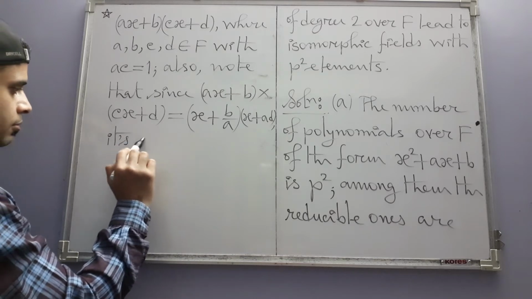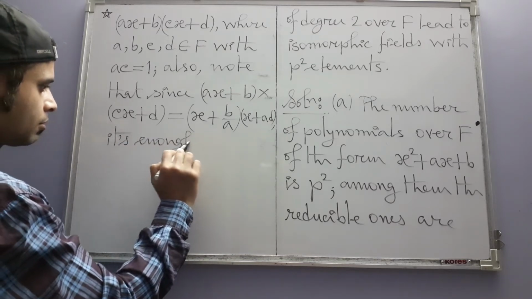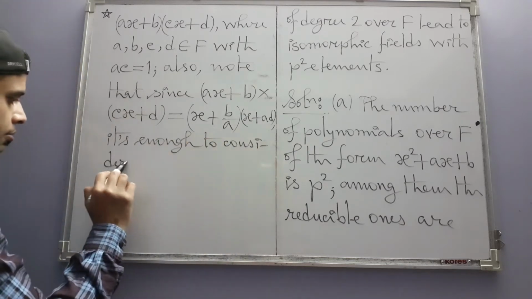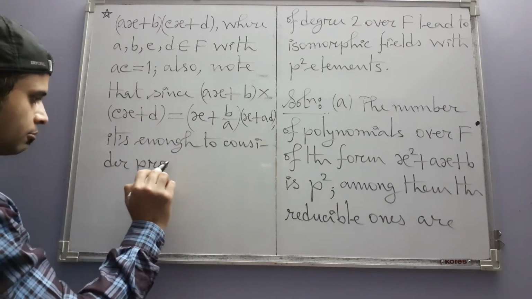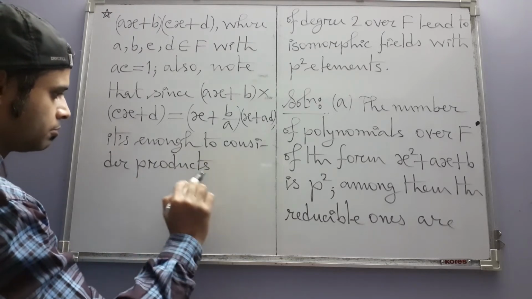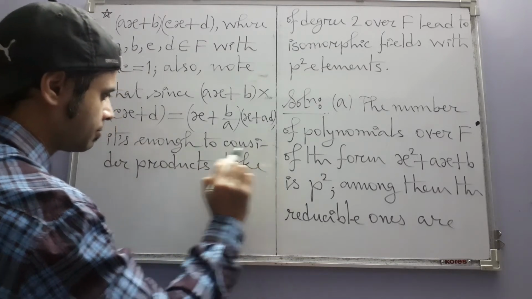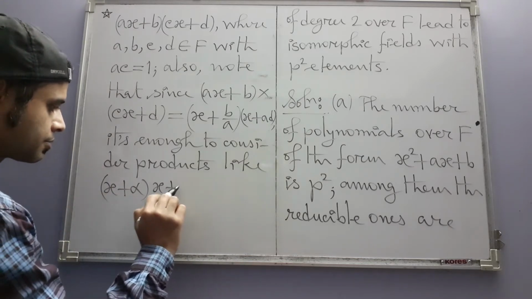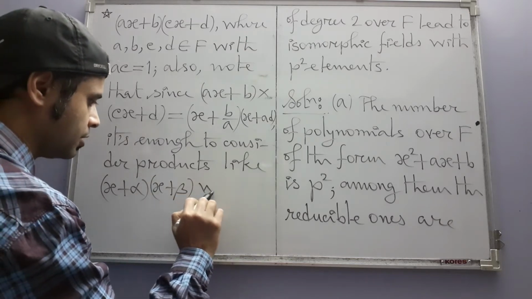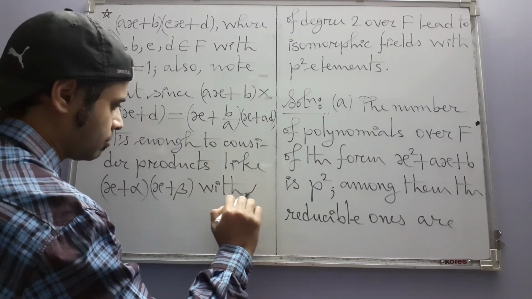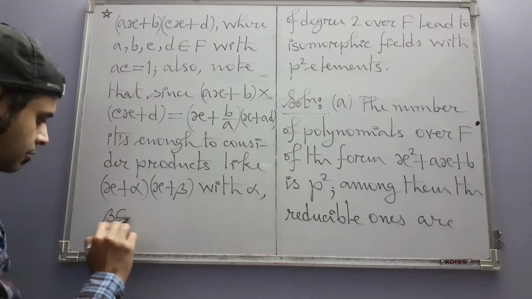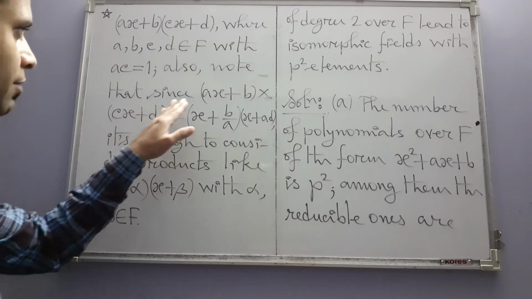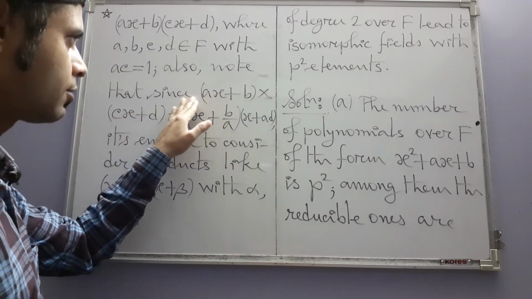It's enough to consider products like (x plus alpha) times (x plus beta) with alpha and beta coming from F. So do you see what we have done here? What we have done here is that we have taken a common out.